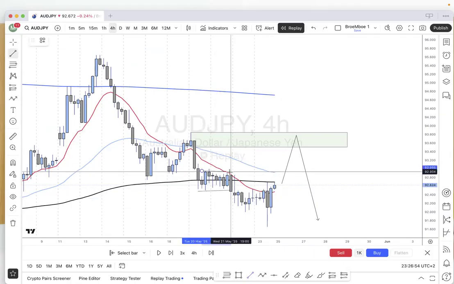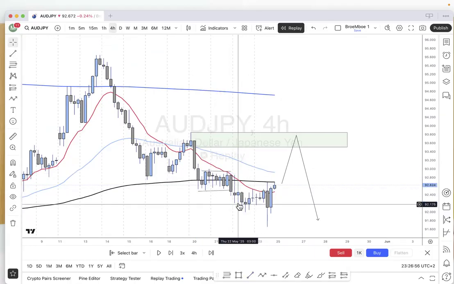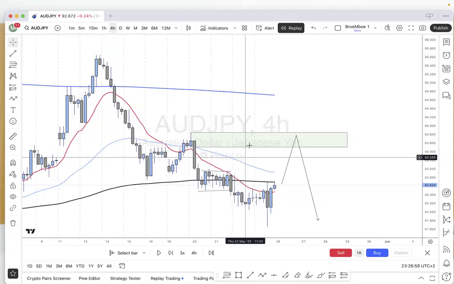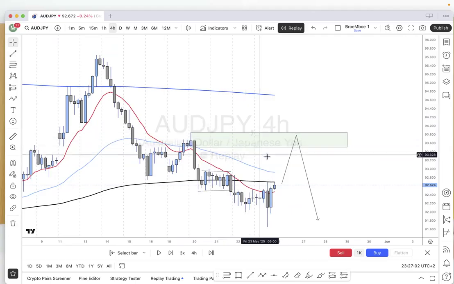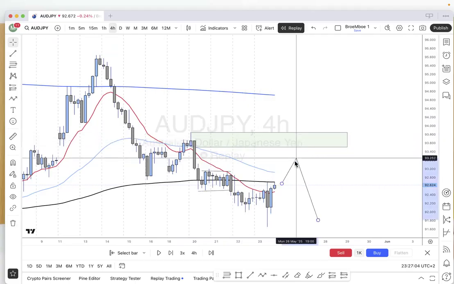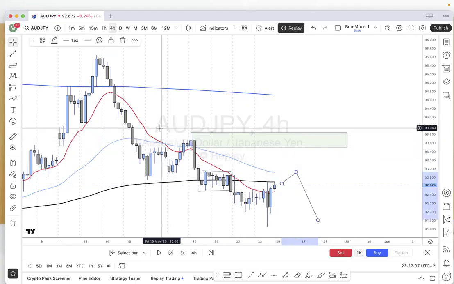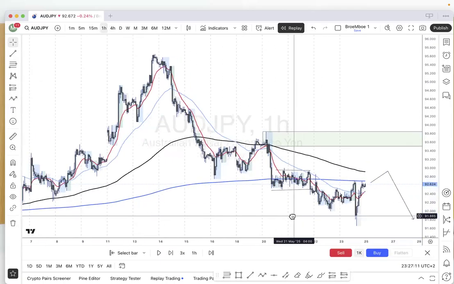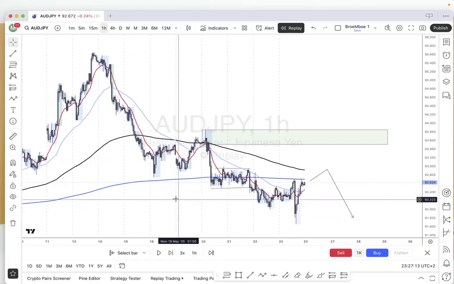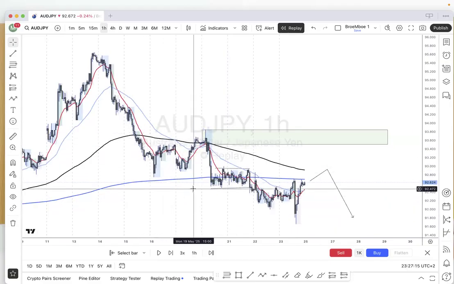This area right here, and then price just went down. But for us to be clear whether price will reach there or turn around here, we need to count our levels. So we go to H1 and count our levels and see where we are.